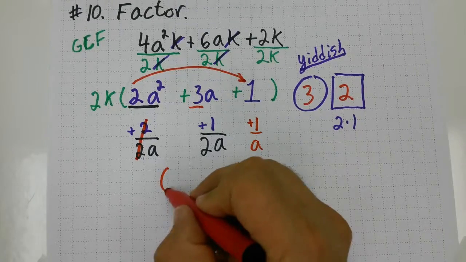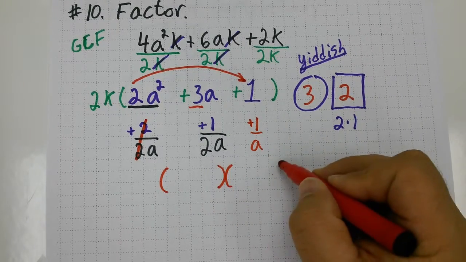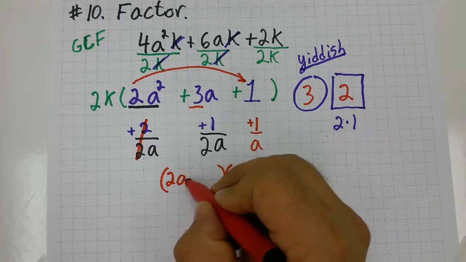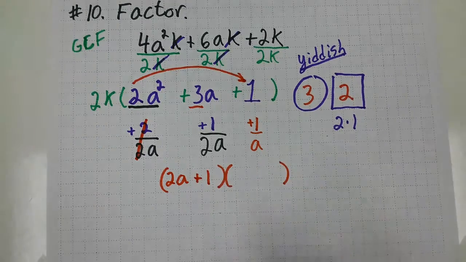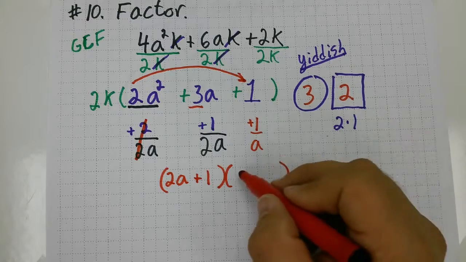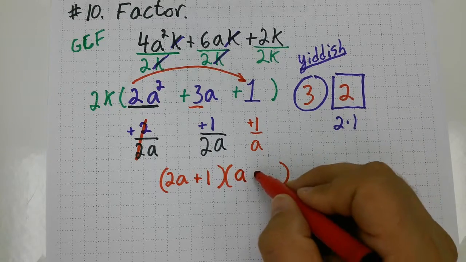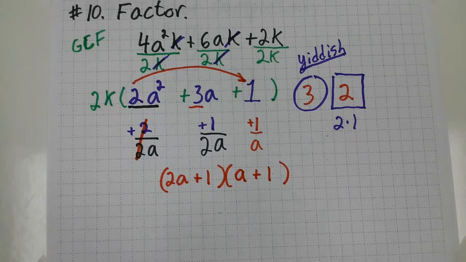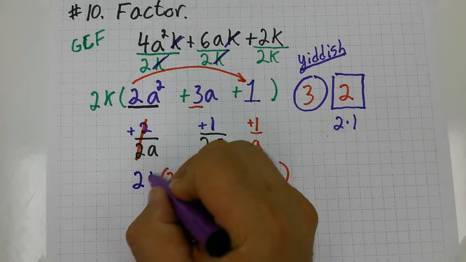Now when I set up my factors, this 2a with a 1 on top is going to be a factor of 2a plus 1. And this 1 over a is going to be a factor written down as a plus 1. Now I can't forget about my original 2k. That's out front.